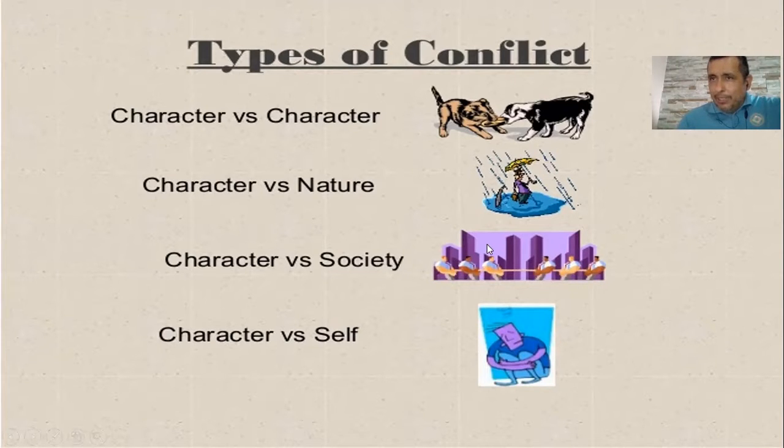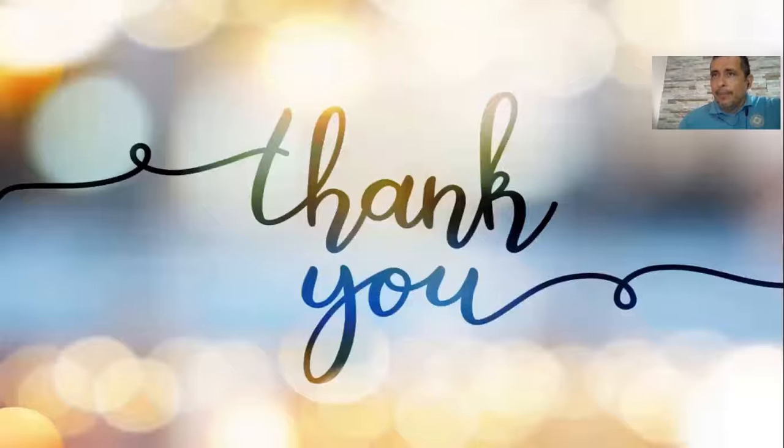A lot of people, and there is a problem between the character and the people around him or her. And finally, character versus self. The character sometimes is going to have an internal conflict, and he or she is going to project that in the story.